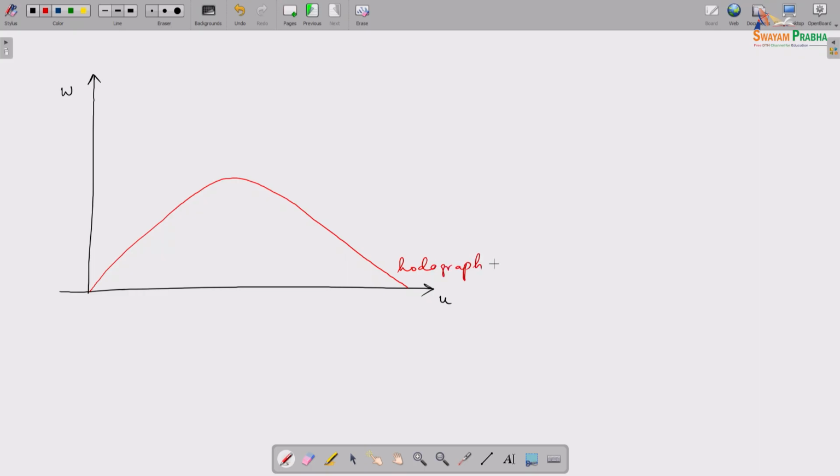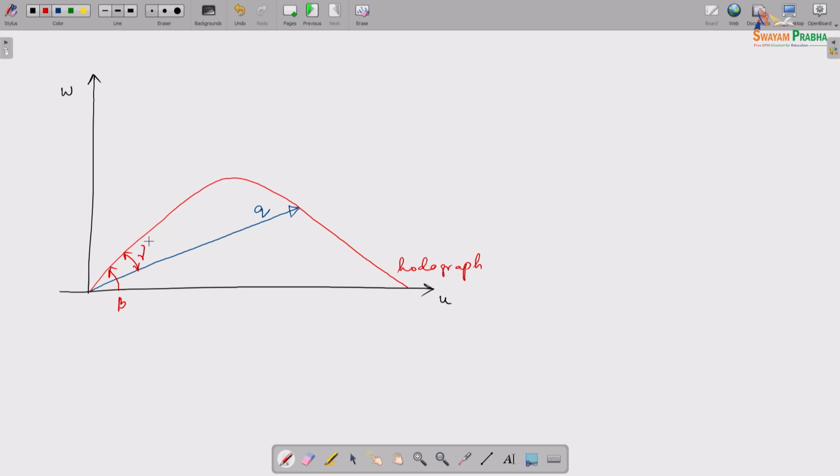Now, let us say this is the direction of U. Then Q is something like this. So, this is Q, okay. Then this one is beta, and this is gamma, okay.